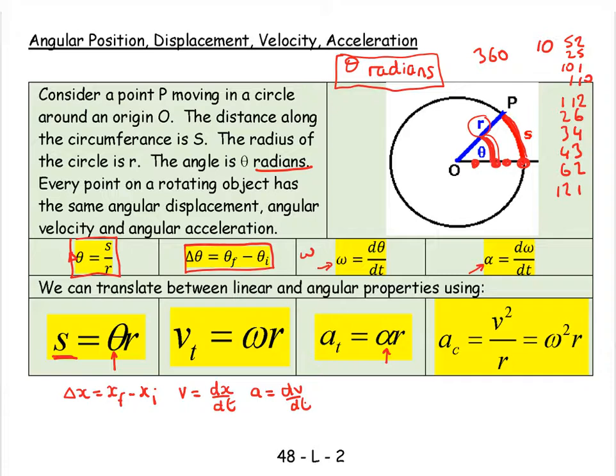Before we learned that centripetal acceleration was equal to v squared over r, well, we can substitute in for v and we end up with omega squared r. So we have two versions for our centripetal acceleration. The trick with this is to recognize that we can translate between one and the other.